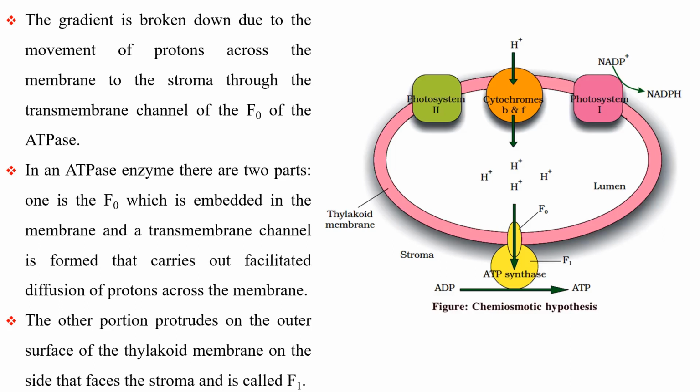In the ATPase enzyme, there are two parts. One is the F0, which is embedded in the membrane, and a transmembrane channel is formed that carries out facilitated diffusion of protons across the membrane. The other portion protrudes on the outer surface of the thylakoid membrane on the side that faces the stroma and is called F1.